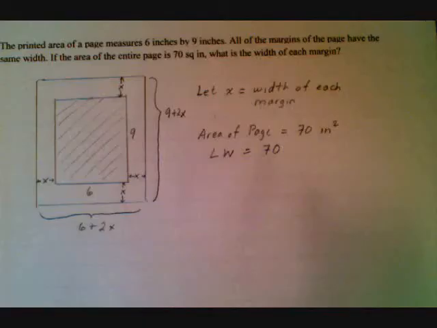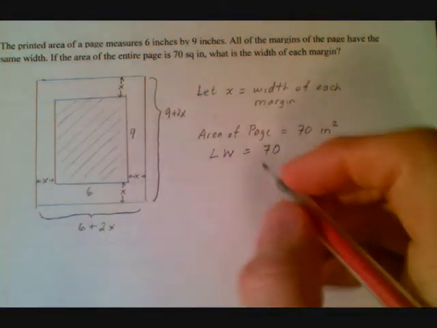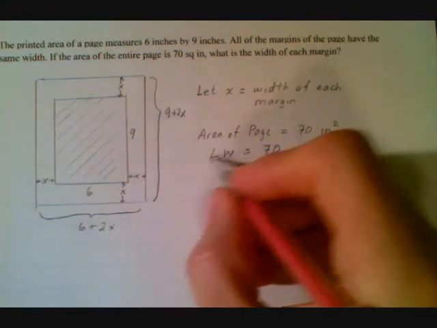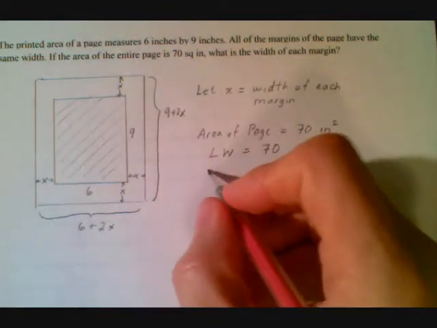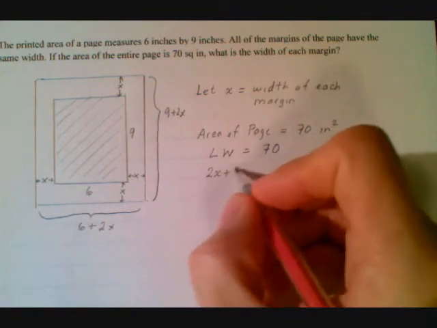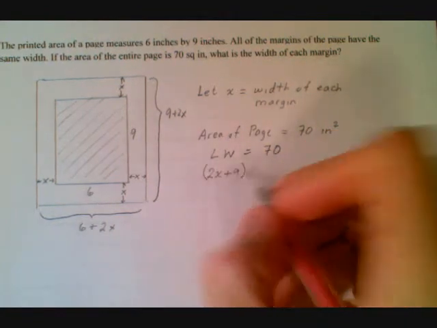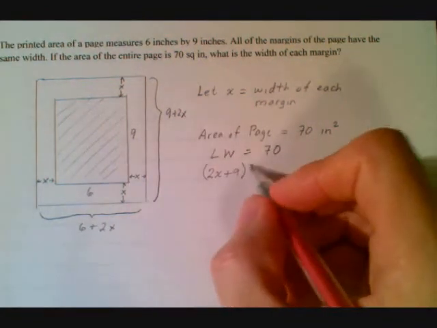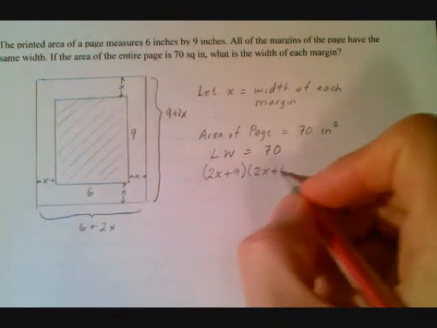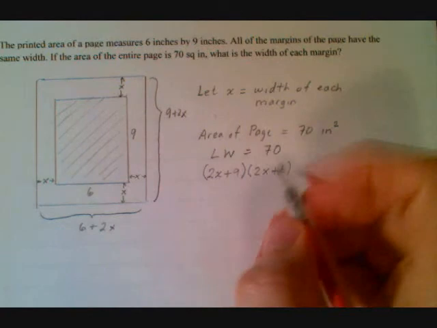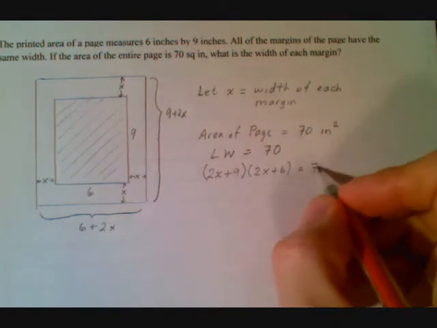It's the length of the entire page. So let's substitute in for L, 9 plus 2x, or I'd prefer to write that as 2x plus 9. And the width is 2x plus 6. And this product must equal 70.